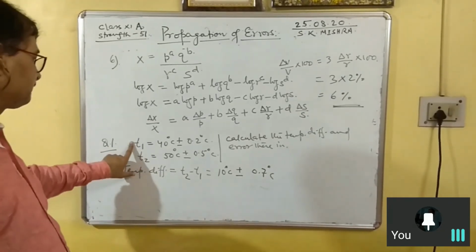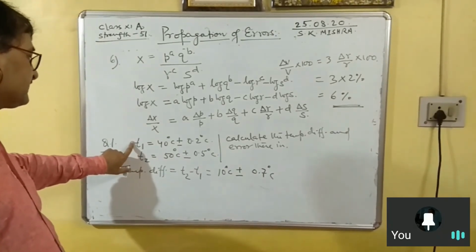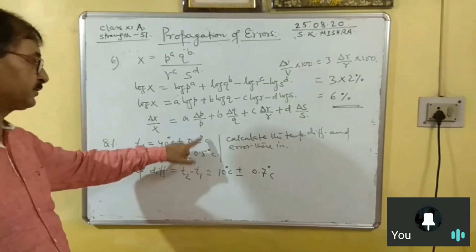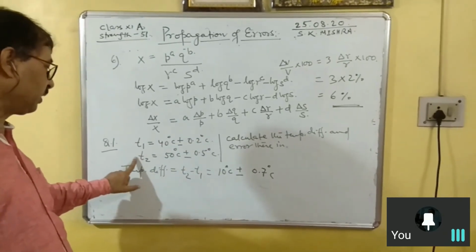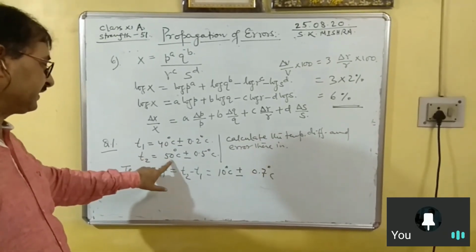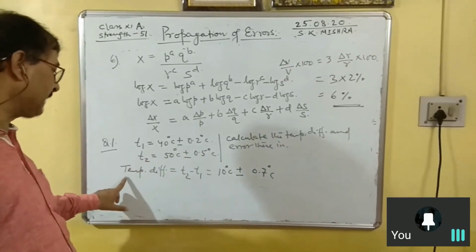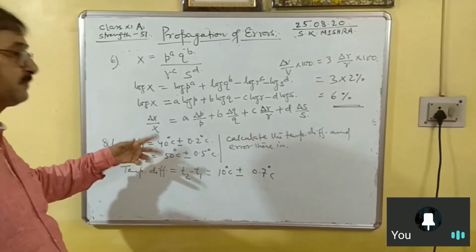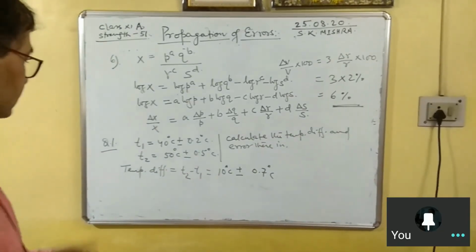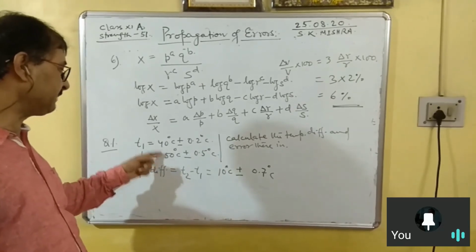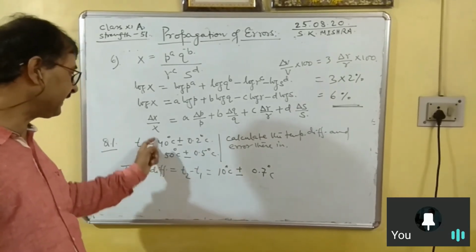Question. Okay, question is, a body is at temperature 40 degrees Celsius plus minus 0.2 degrees Celsius. The another body has temperature 50 degrees Celsius plus minus 0.5 degrees Celsius. Now you have to calculate the temperature difference between the two bodies. So the temperature difference is what? T2 minus T1. T2 is 50 minus 40. So 50 minus 40 is 10.